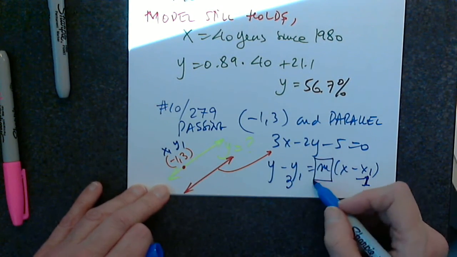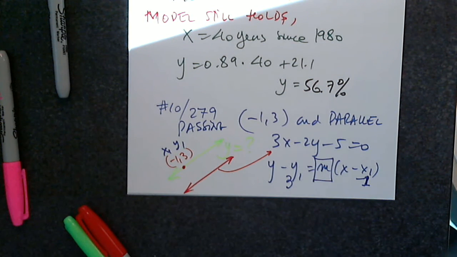But I'm missing this piece of information, without which I can't continue. So knowing that it passes through that point, I can already put it in as negative 1 comma 3. But I don't have the slope. However, I'm told that this line is parallel to this line.